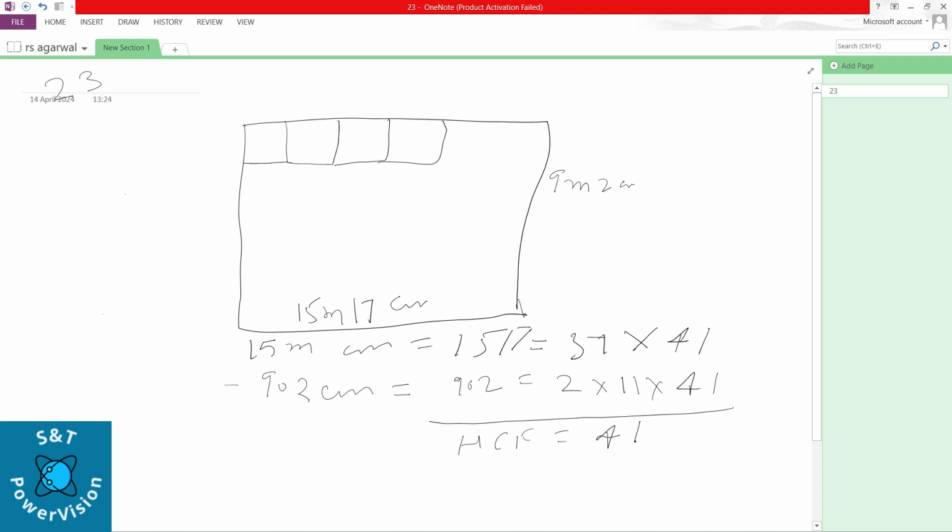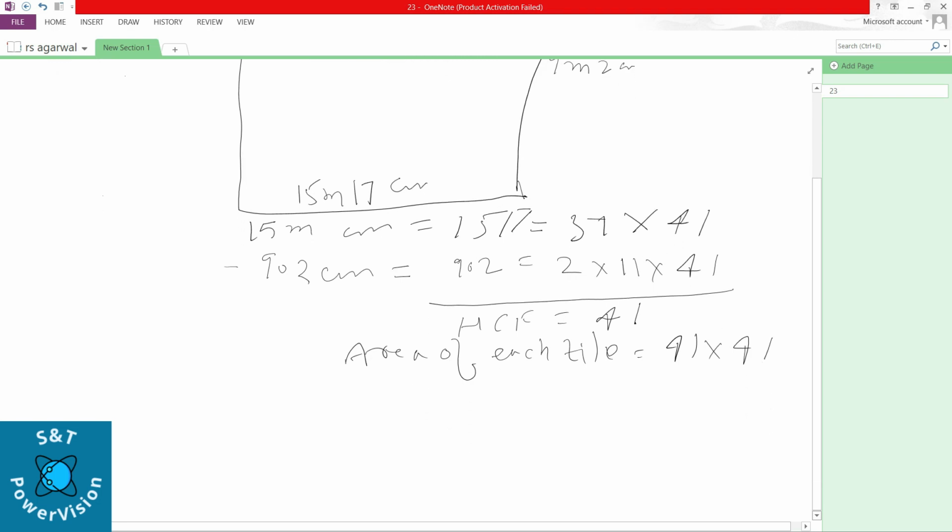The area of each tile is equal to 41 into 41, and the total number of tiles is equal to the total area divided by this. We'll cancel this 41 with this 41, leaving 22.